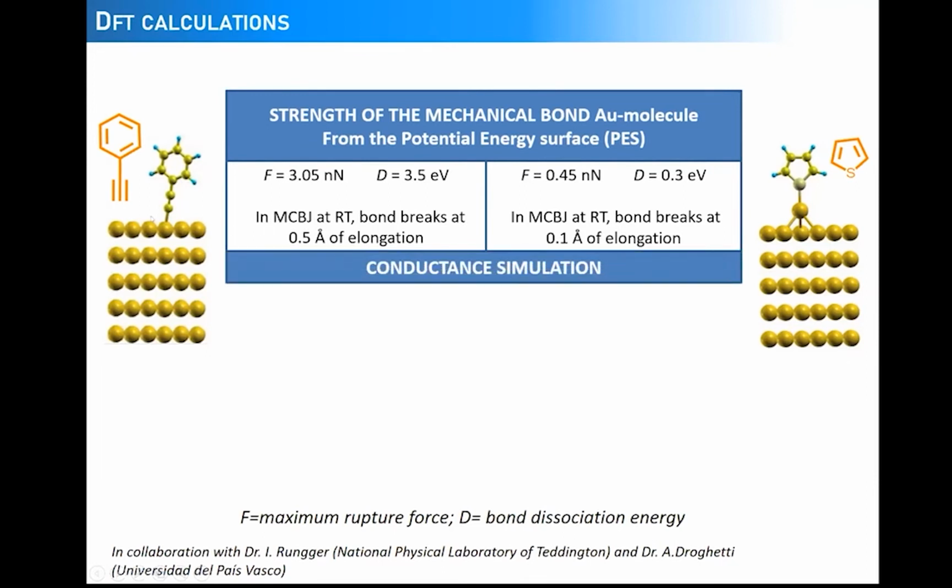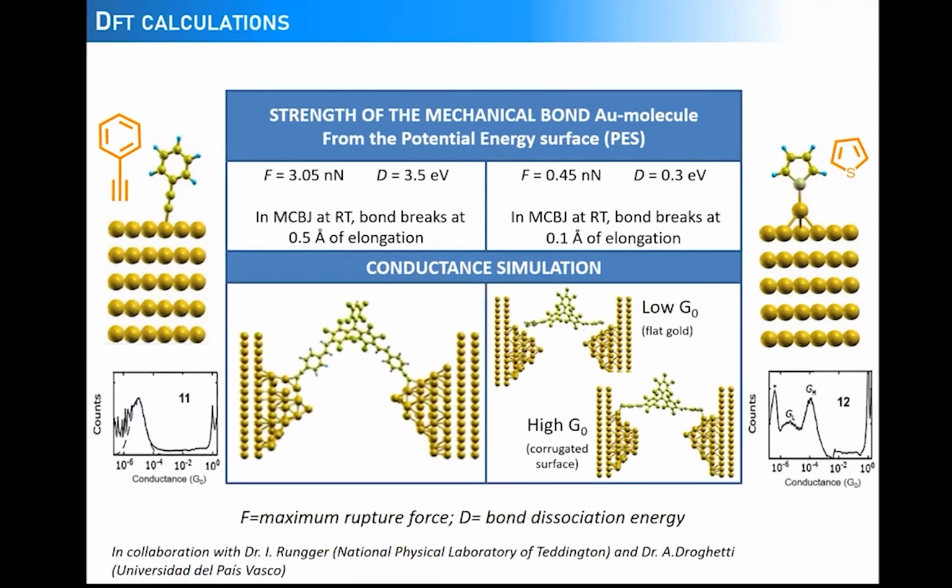As well as when we did conductance simulations, this was interesting to see, because what we found is that in the case of using the molecule with a terminal alkene, the different configurations we investigated always led to a similar configuration, the one I'm showing here.